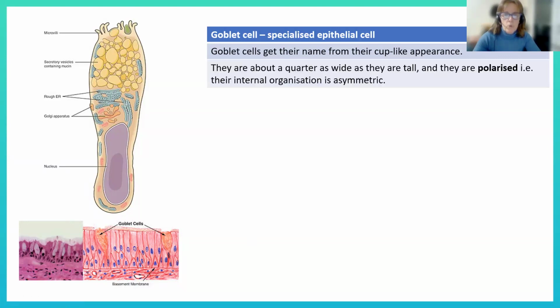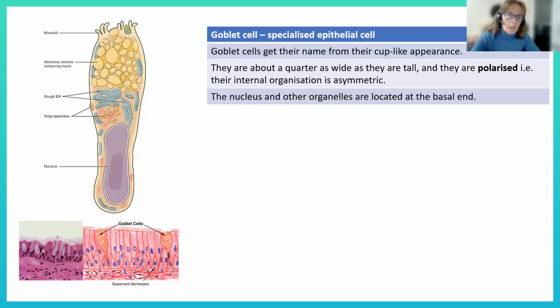So they are about a quarter wide as they are tall. So what that means is its width is about a quarter of its length in size. So you could fit 4 of its widths down its length. And they are polarized. So what that means, that's a fancy way of saying they're not very balanced out in where this stuff is. So it's asymmetric.